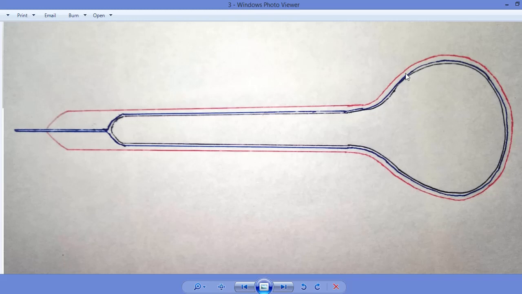The cerebrospinal fluid exists in this gap, in this space, the subarachnoid space.